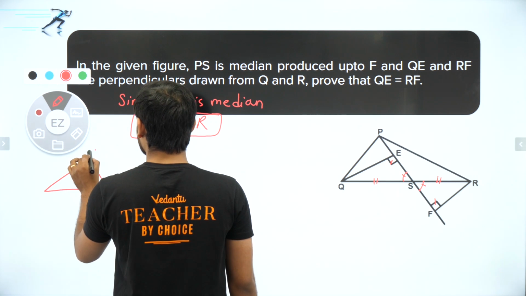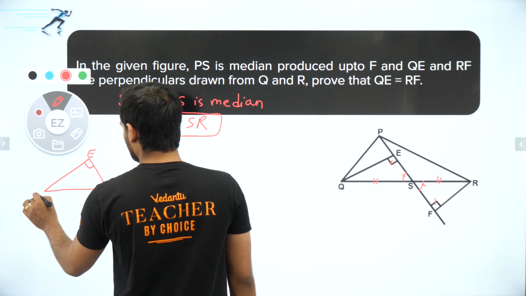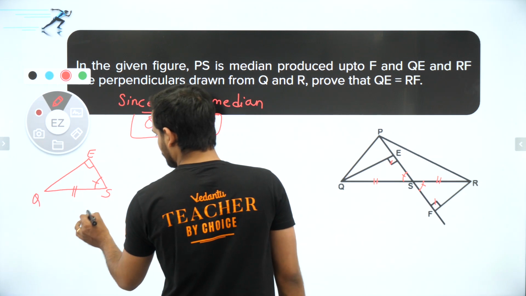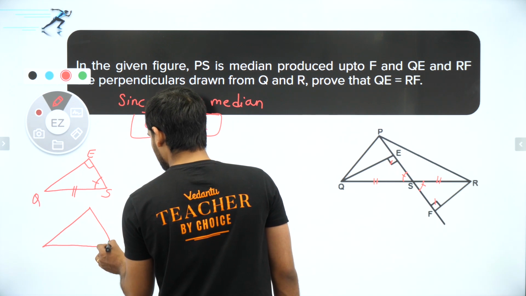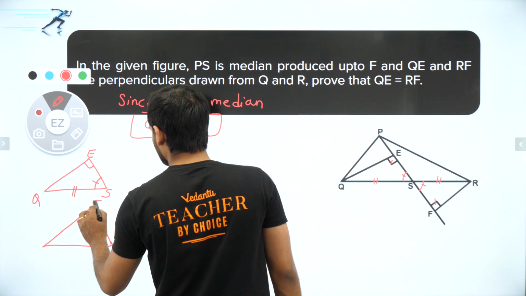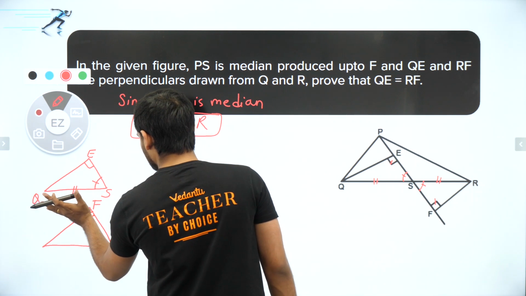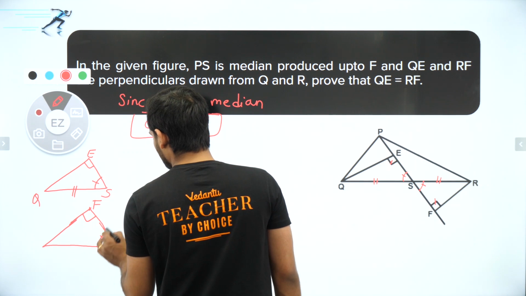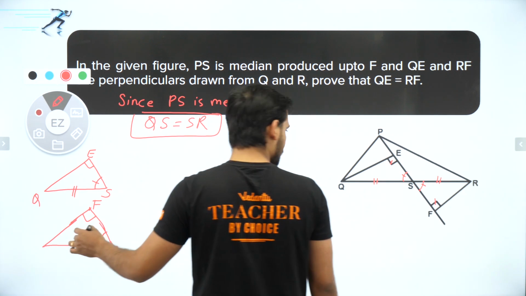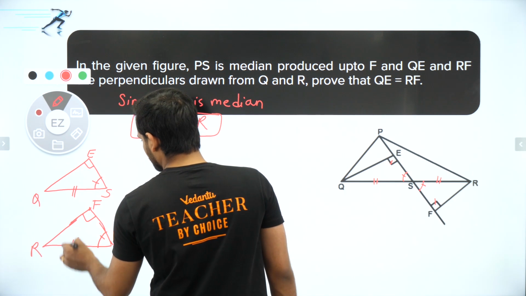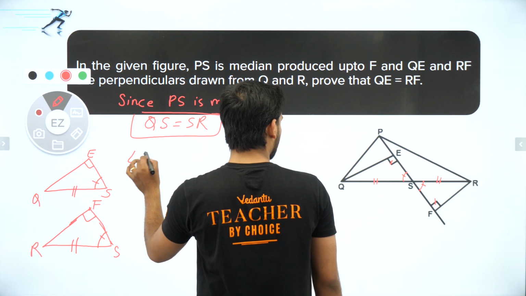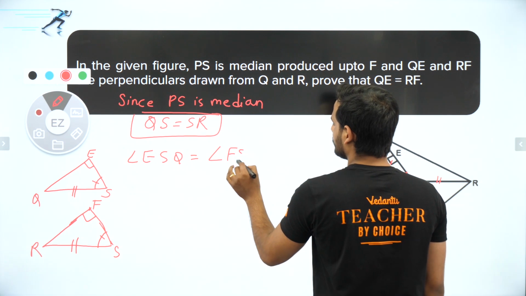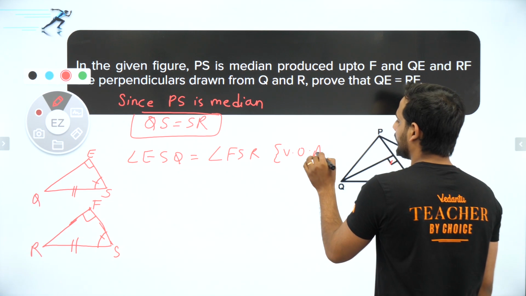Okay, this is your E, S, Q, QS, and then this angle we have told vertically opposite angle, and then the next S, F. Okay, this is your 90 degrees, and this angle is equal because vertically opposite angle, and Q, F, S, and this is your point R, and QS is equal to SR we have got, and then we will say, sir, my angle ESQ is equal to angle FSR. Why? Because vertically opposite angle, right?